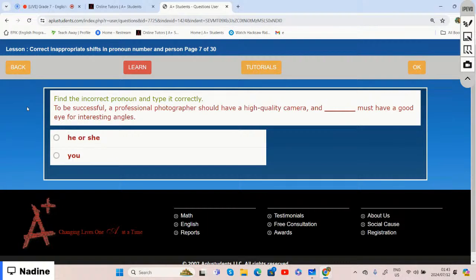To be successful, a professional photographer should have a high quality camera. And if we're referring to a professional photographer, we say, and he or she must have a good eye for interesting angles.